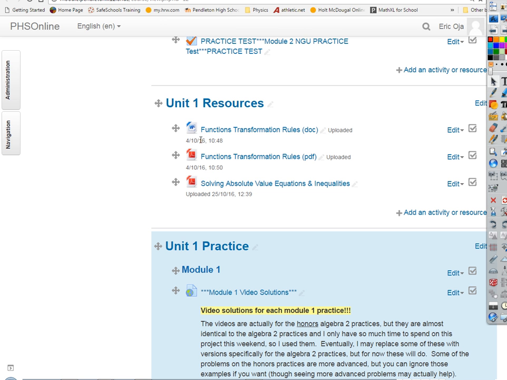These are just documents that you can either pull up online, or you can download them if you want to. So there's absolute value equations and inequalities right there, right?